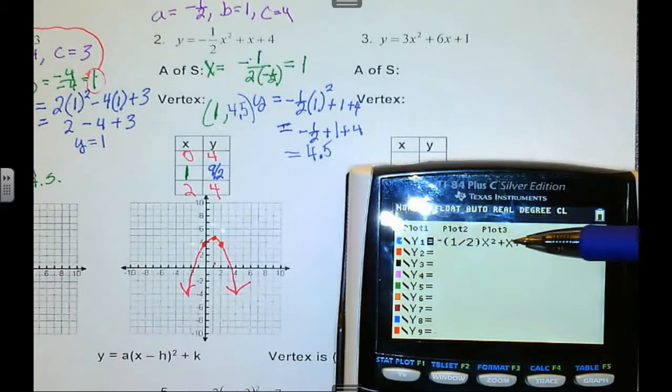Did you make sure you use x squared and an x and a plus 4 and a negative sign out front? Everything's the same. And your calculator's broke. One and 4.5. No, well, 9/2. 9/2 is the same as 4.5.